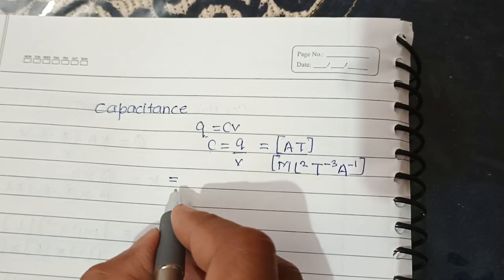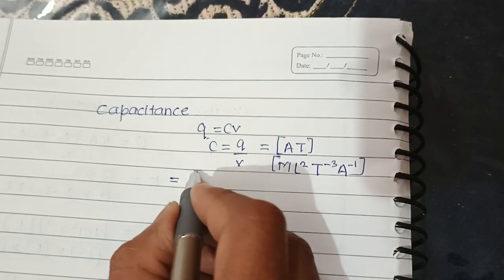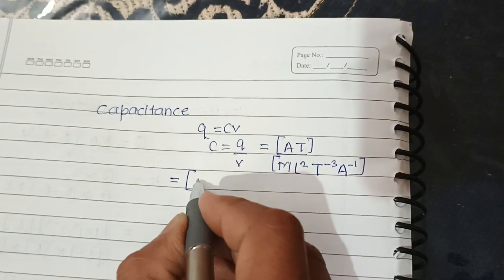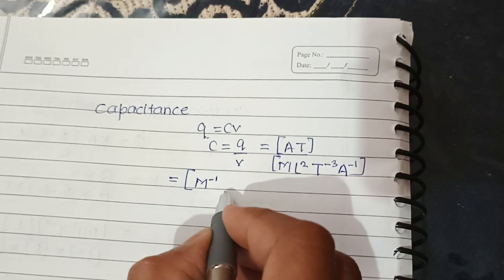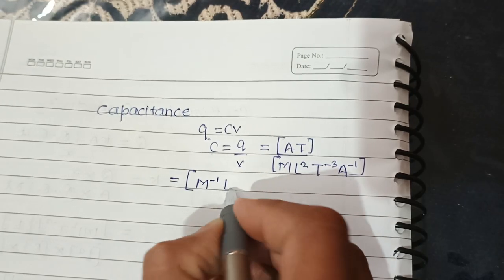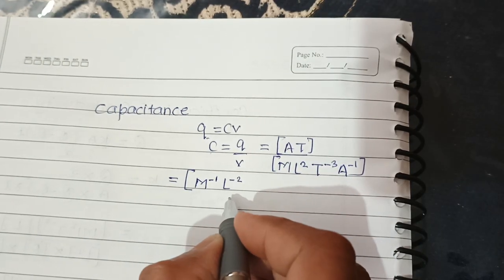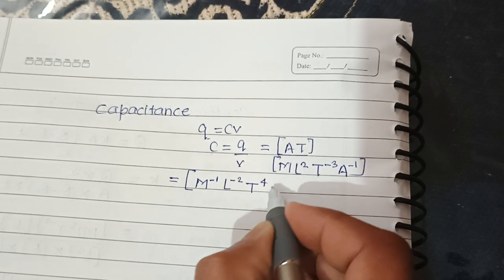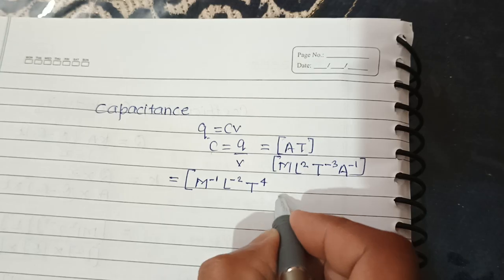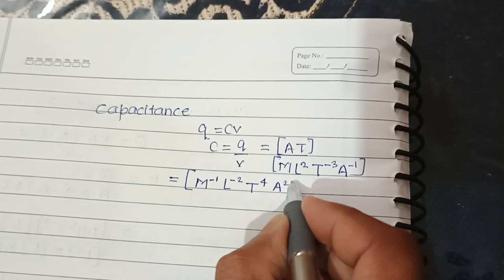So it is M minus 1 L minus 2 T 4 and A square.